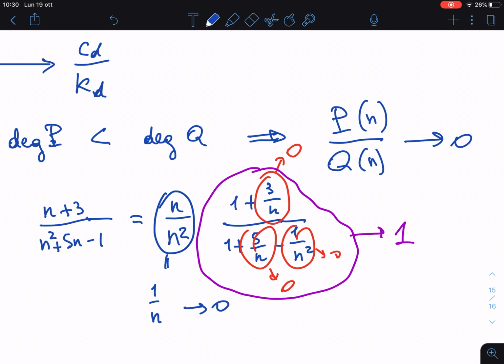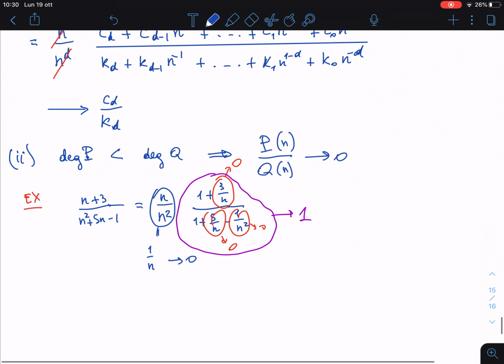And of course, this method can be applied to the general case, when you have the ratio of two polynomials in which the degree of the denominator is strictly higher than the degree of the numerator.